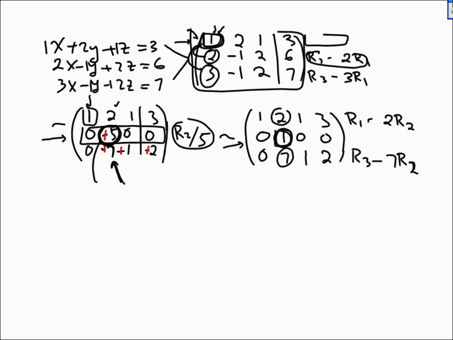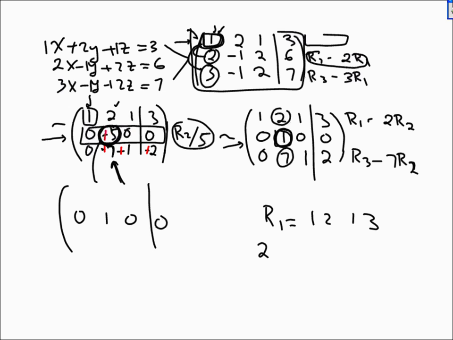All right, so let us do this arithmetic. The second row did not change. Let's put this line in the middle. Row 1 is 1, 2, 1, 3. 2 times row 2, well, that's easy. They're all zeros except the 1 in the second position gets multiplied by 2.